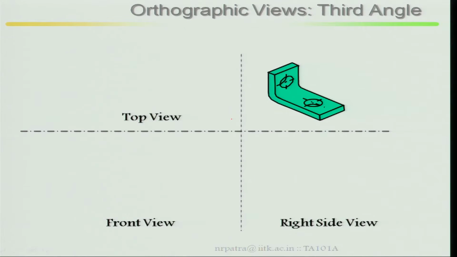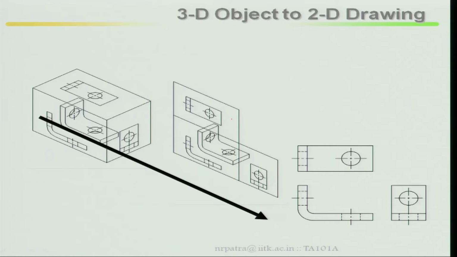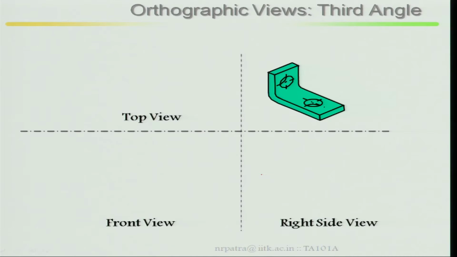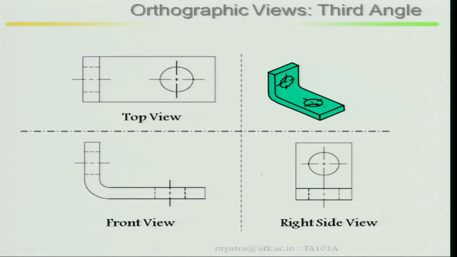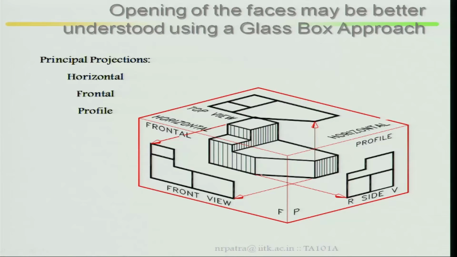Third angle projection, here is your object. As I said, if you look here, front, top, right side view. So the principal projections are horizontal, frontal and profile.